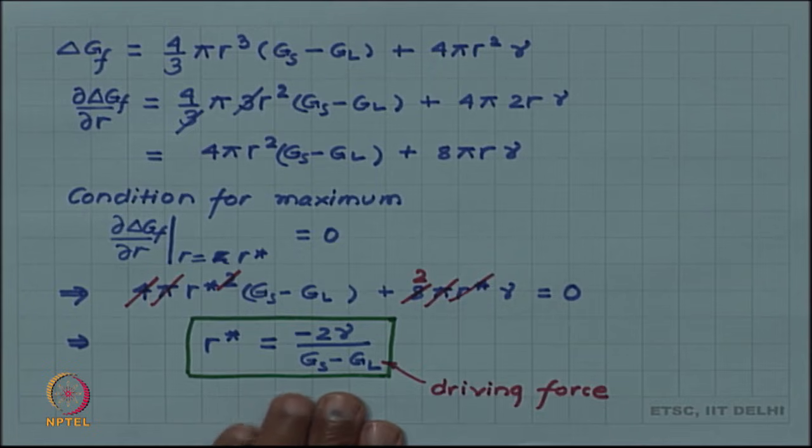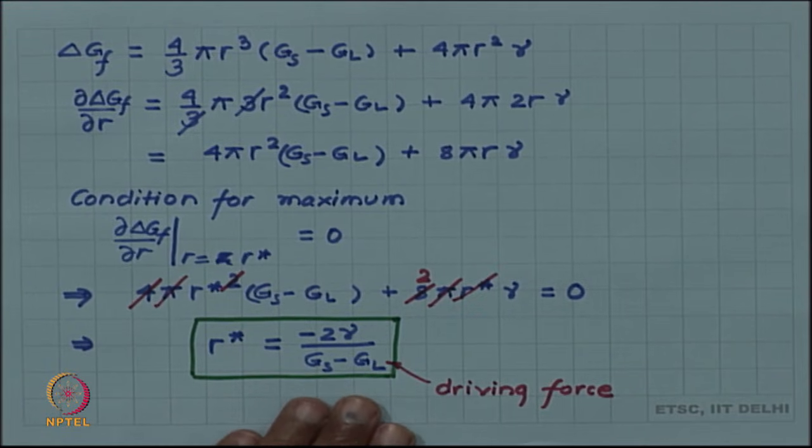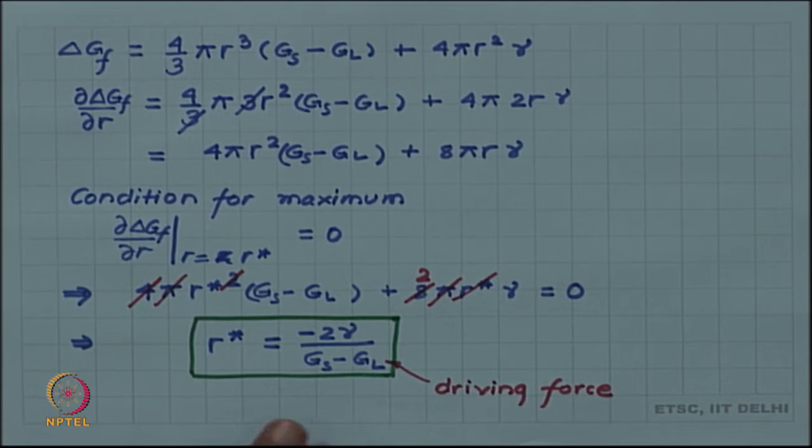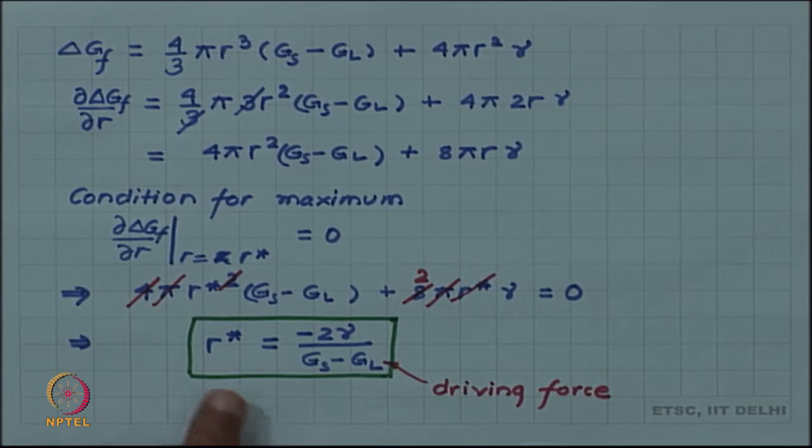So, it coming in the denominator is justified in the sense that higher is the driving force, smaller is the critical radius. So, if driving force is high, then nucleation is easier. You have to assemble a smaller number of atoms, you have to form a smaller critical radius for nucleation to happen. So, more the driving force, smaller is the radius.